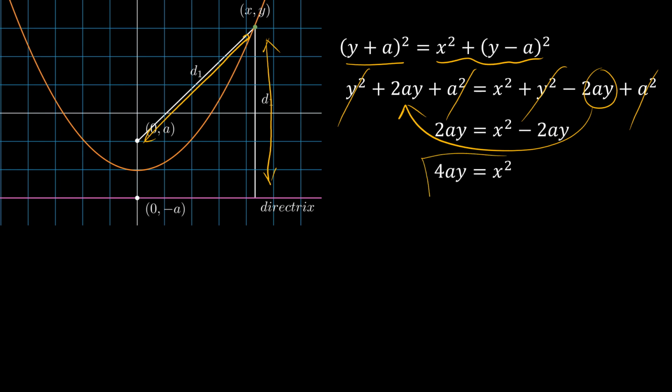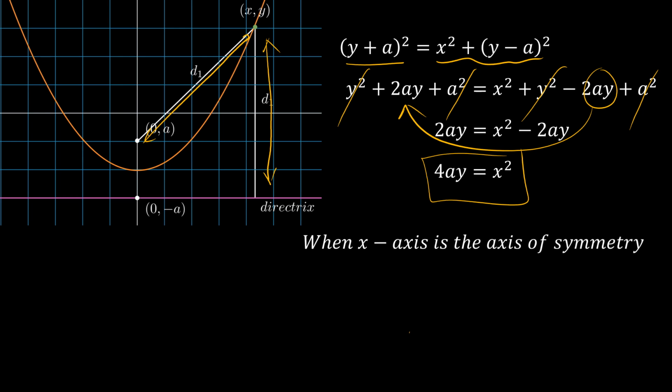So this is a general formula for a parabola whose apex is at the origin and whose axis is on the y-axis. If the axis is on the x-axis, you just flip the x and y, so that the general equation is 4ax equals y squared.